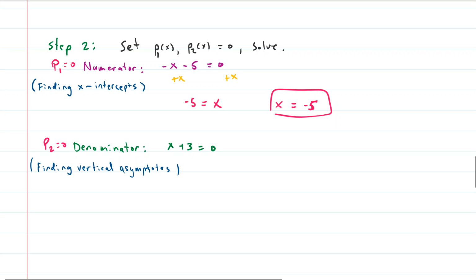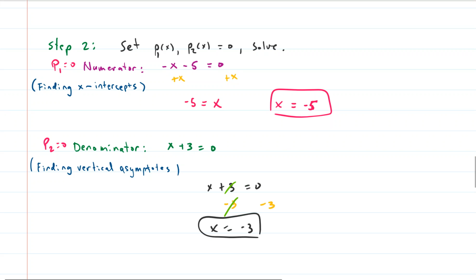Let's look at P2 equal to 0. If we have x plus 3 equal to 0, we subtract 3 from both sides, and we get x equals negative 3.